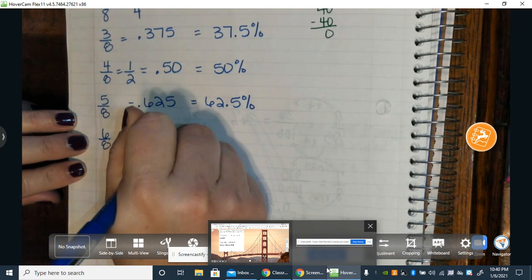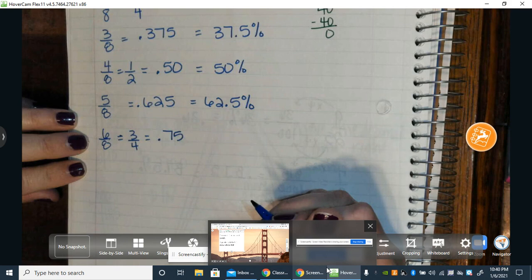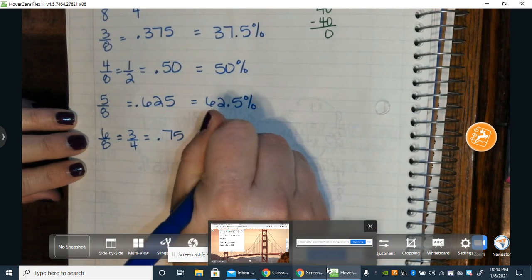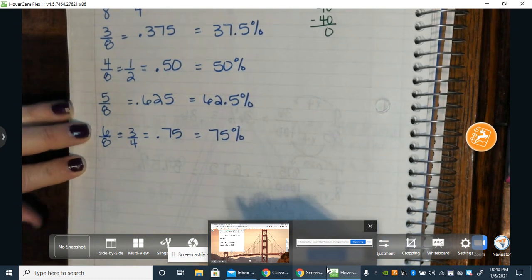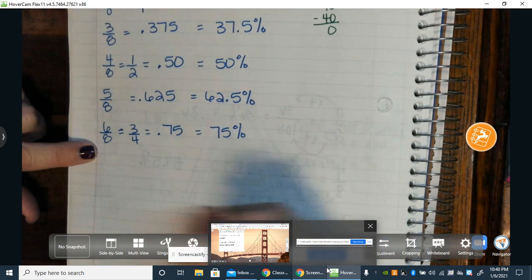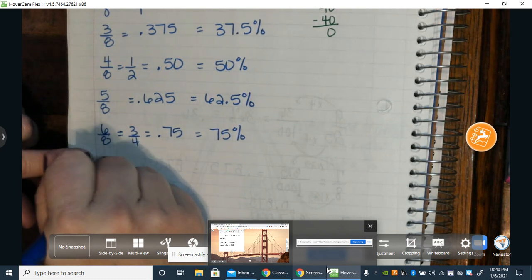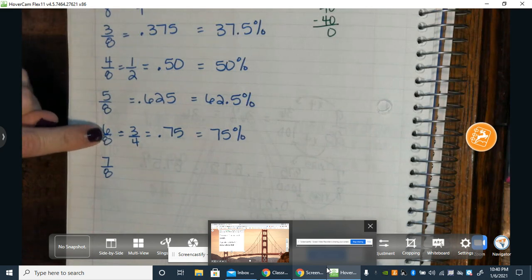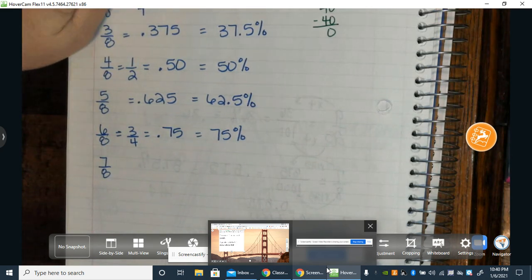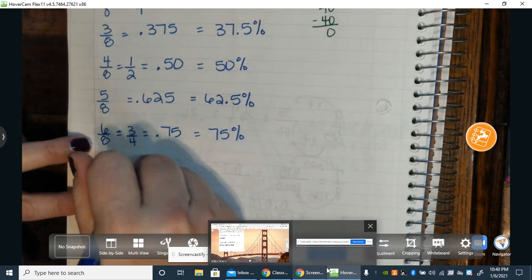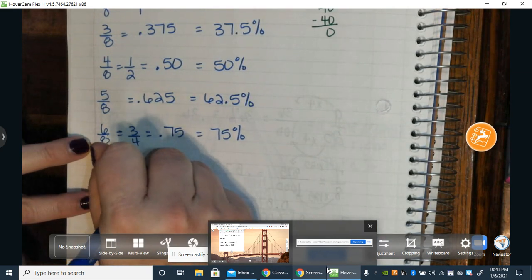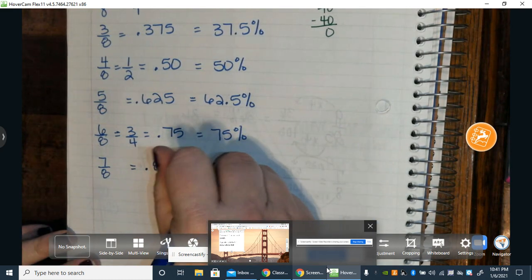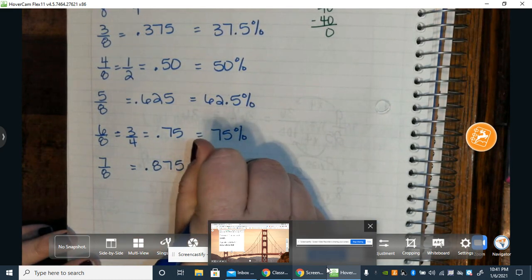And the value of 3/4 is 75 cents, 75 hundredths, which is 75%. And then I finally have 7/8. And 7/8 can't be simplified, but I know that 7/8 is just 1/8 more than 6/8. So I would just add 12.5% to 75%. And I get 0.875, 875 thousandths, or 87.5%.